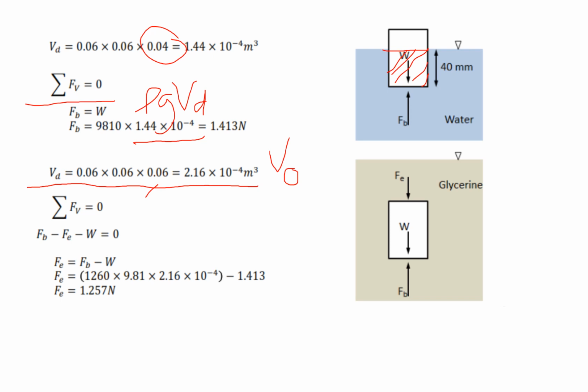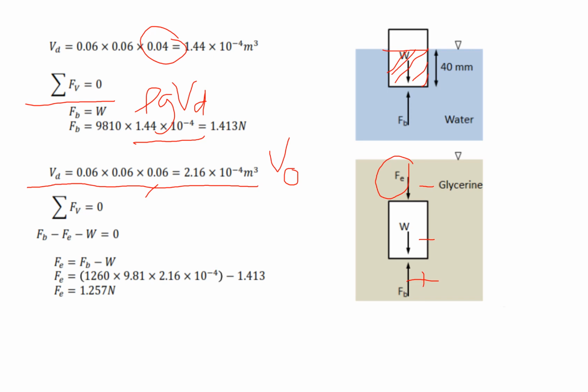Then we can take the summation of F equals to 0, then we can write Fb minus the Fe, this is Fe, and then minus W, the weight. Why do we minus? Because you can see the arrow. So this is positive. This is a different direction, so negative. This is a different direction, so negative.